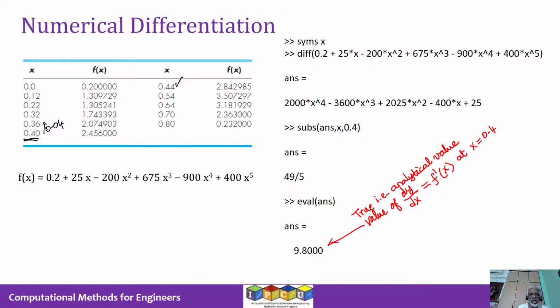If on the contrary, I had asked you what is the derivative at x is equal to 0.7? If this became our query point, the gap to the left is 0.06 in magnitude, right? 0.7 minus 0.64 is 0.06. The gap to the right is 0.8 minus 0.7, which is going to be 0.1. So it is unevenly spaced data, so we would have to have a more careful analysis of this problem. So the question I've taken is just to make things quite simple for us.